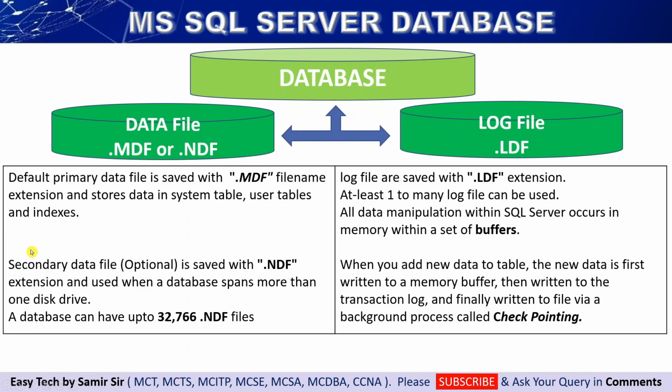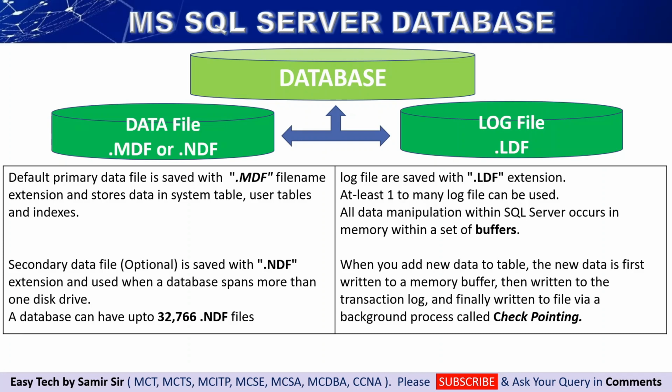In order to save a large volume of data beyond the capacity of a hard disk, a secondary data file, which is optional, can be saved with the NDF file extension. This NDF can be stored on more than one disk. MS SQL Server allows you to save one database on different hard disks. Let's say you have a 5 terabyte hard disk, and you have data of 20 terabytes.